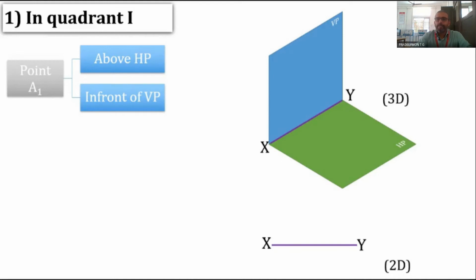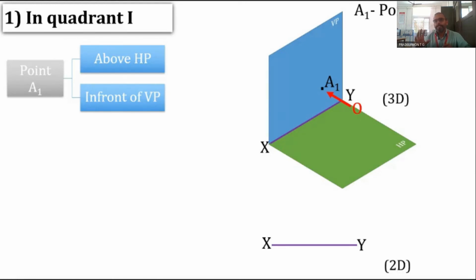Now we consider a point which is above HP and in front of VP, that is in the first quadrant itself. This is the point A1. Now we observe it to get the front view. In order to get the front view, we observe it from the front.